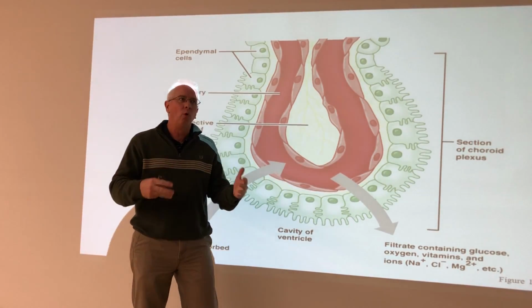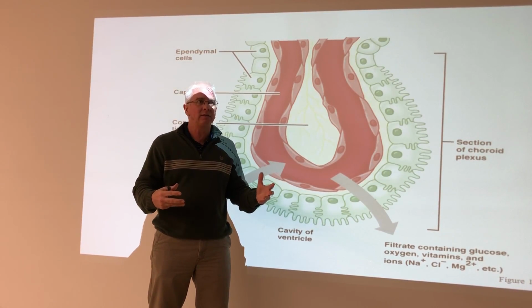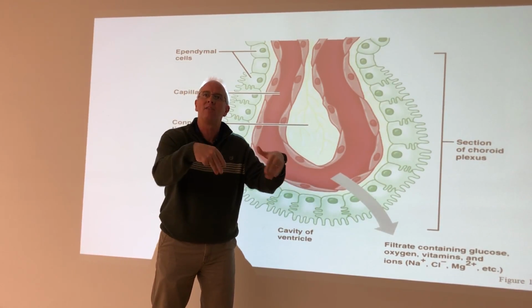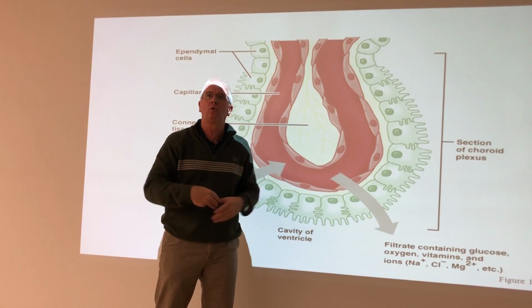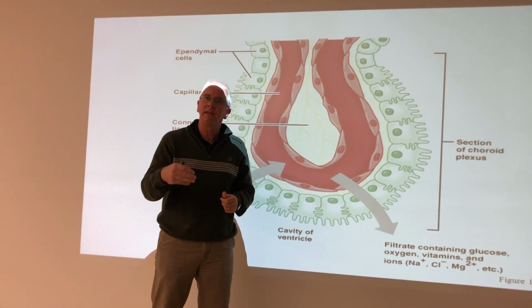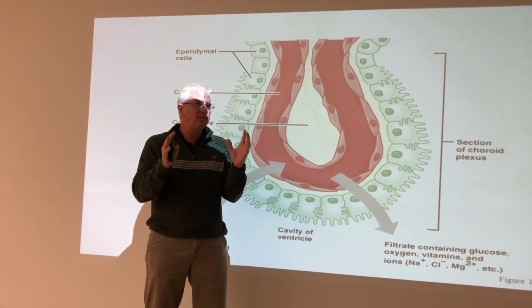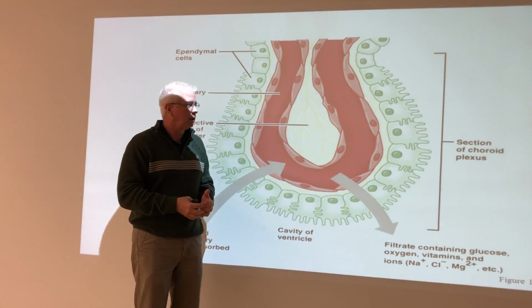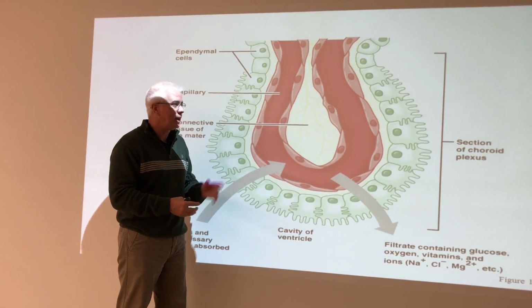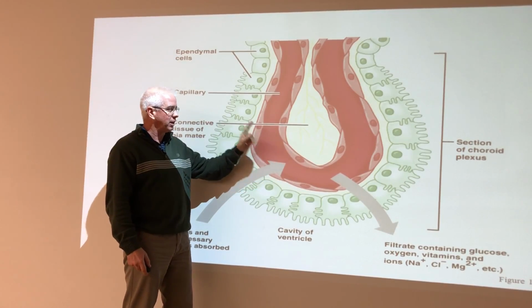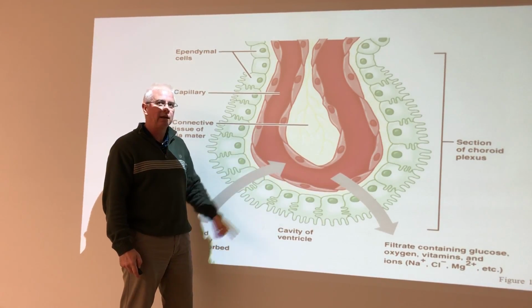So when you're looking for things like meningitis and other things like that, you can find that in the CSF. It might not be in the circulatory system yet, but you'll see it in the CSF. So it serves a very important clinical function. And now you should see where it comes from. It comes out of the choroid plexus into those spaces.